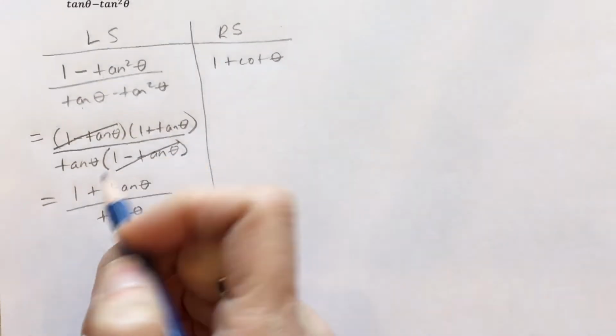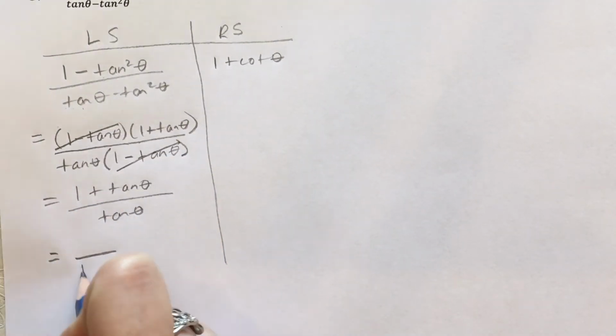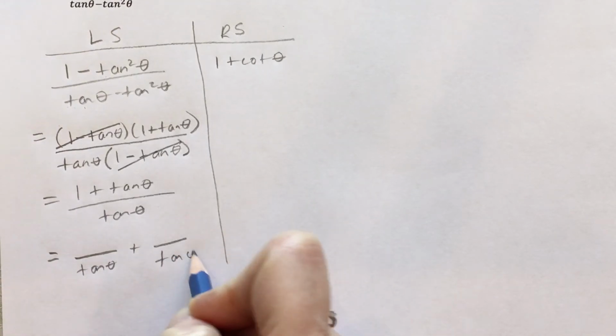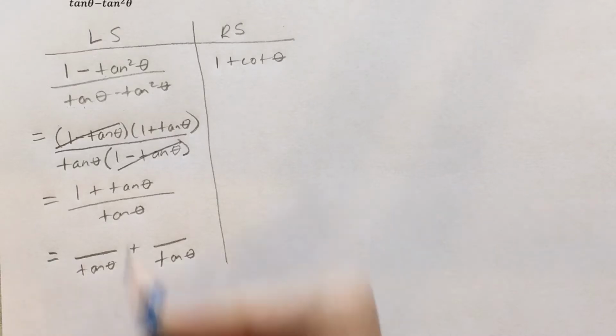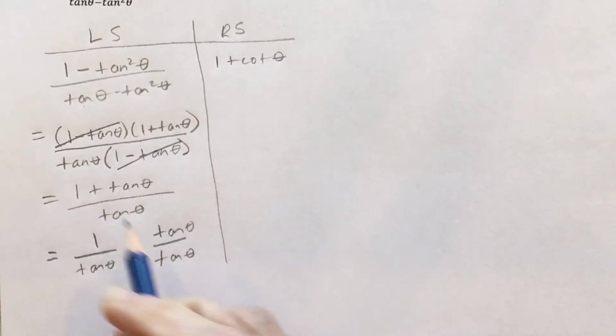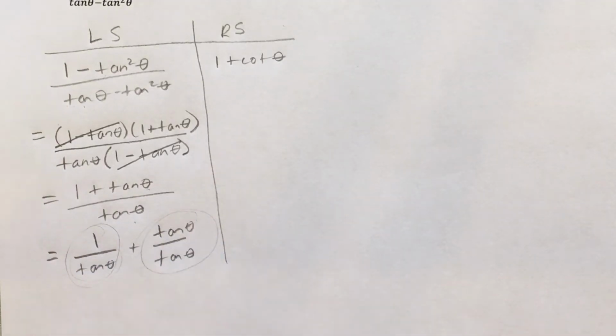But we could split that up into two fractions that both have a denominator of tan theta. So this is another technique that's often used in identities. So 1 plus tan theta over tan theta is the same as 1 over tan theta plus tan theta over tan theta.